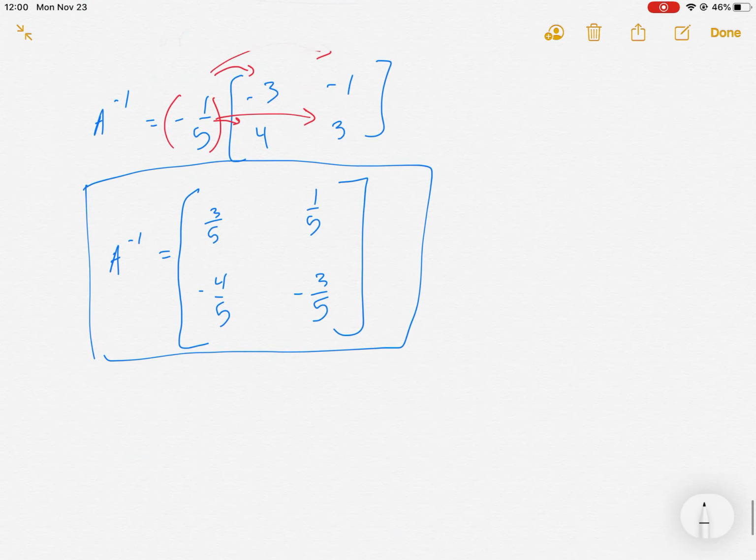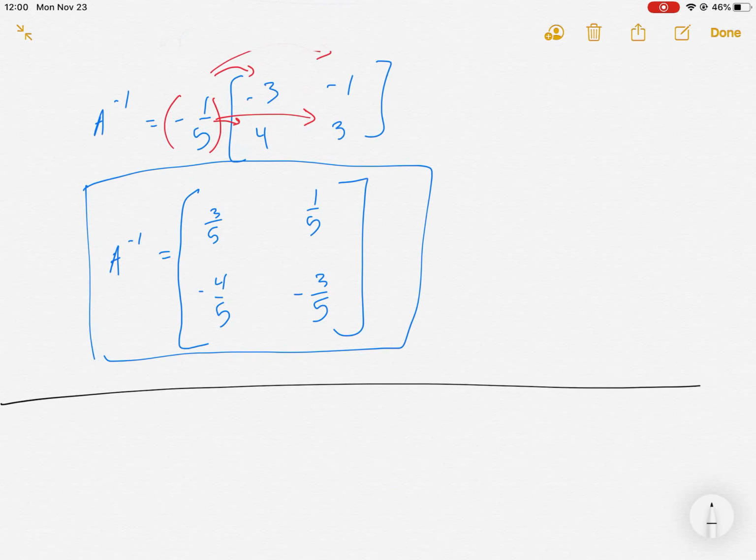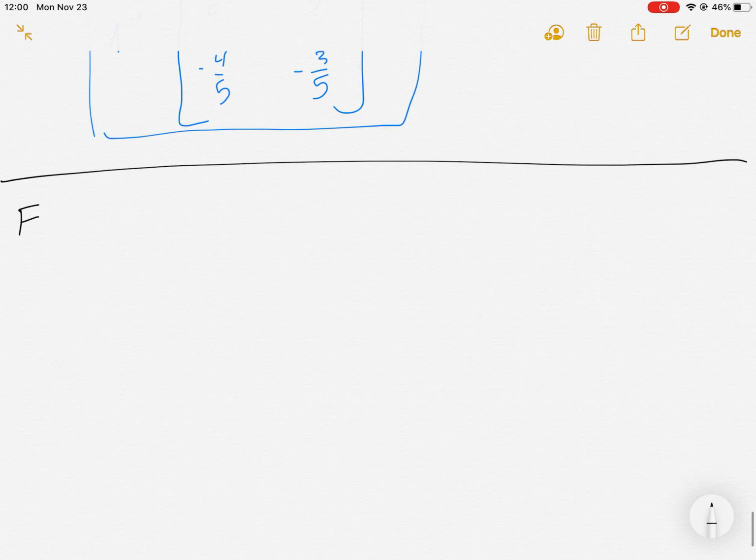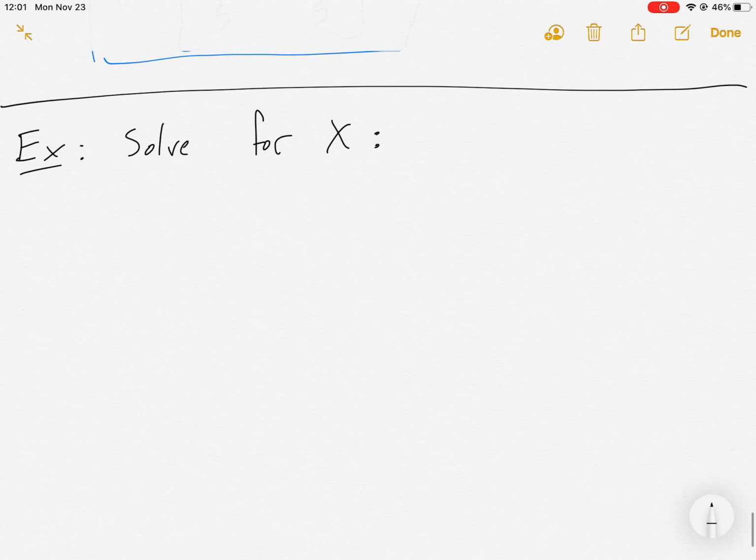Okay, now that we have a formula for the inverse, let's actually go ahead and solve a problem. Just like we would do with a linear equation, we're going to solve for x, except now it's going to involve matrices. So we're going to solve for x in this equation below.